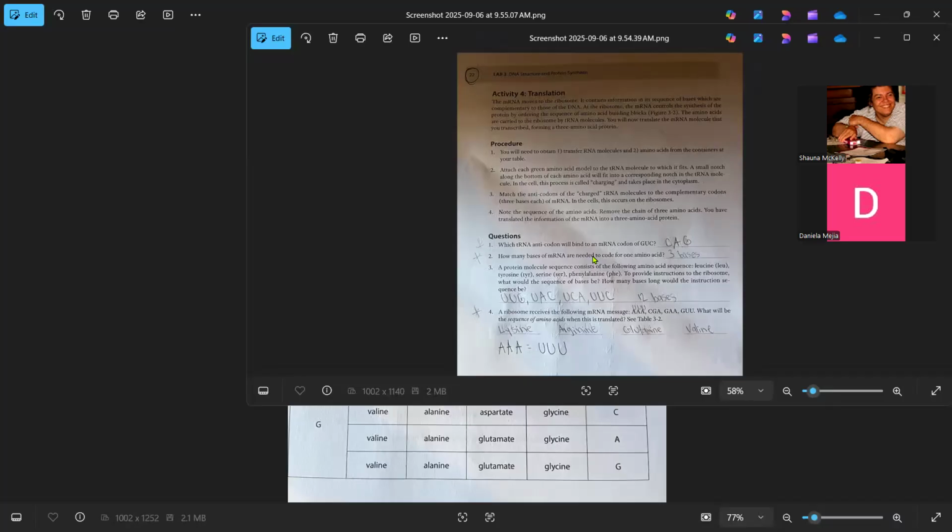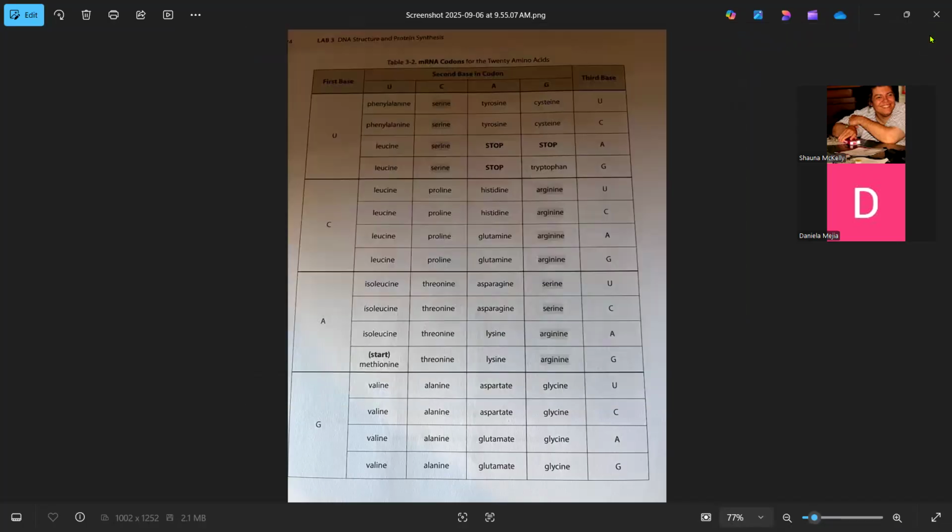Let me figure out which screenshot this is. So your first base, like I said, is A, then G, then C, so serine.